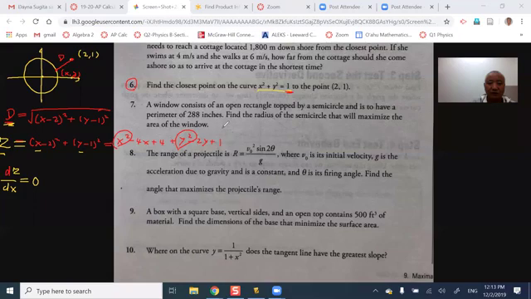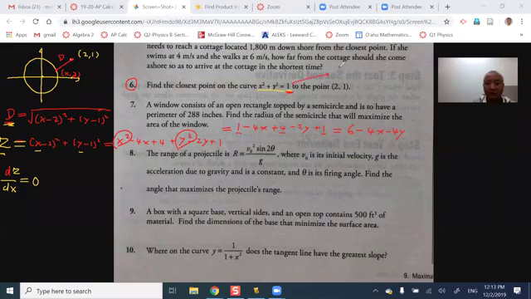So we can make this 1 minus 4x plus 4 minus 2y plus 1. Now 1 plus 4 plus 1 is 6, minus 4x minus 2y.